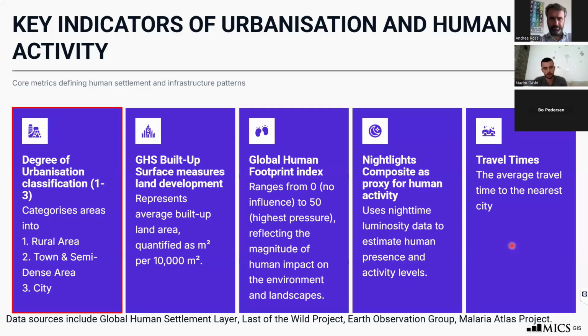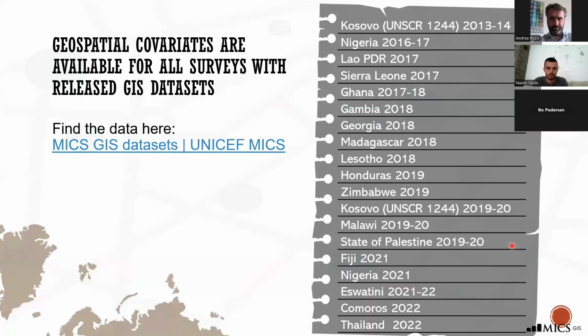For a lot of the data sources that I mentioned here through the geospatial covariates, we are in direct contact with people from these organizations or universities that are making this data available. And in the past, they have been using MICS GIS data in making this data available. And now we are as well using this data to make geospatial covariates available for MICS survey locations.